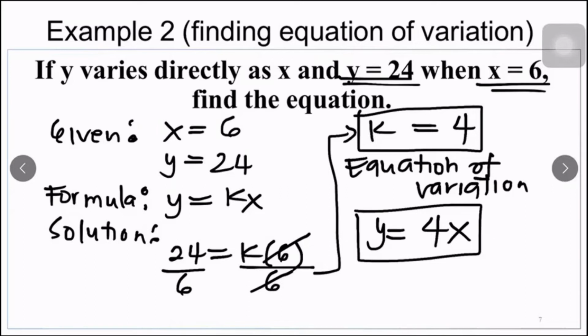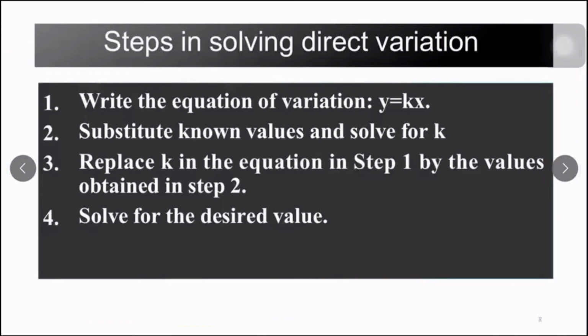Now, since we are done with identifying k and the equation of variation, let us move to the formal computation for direct variation, particularly identifying the unknown. In solving direct variation, we have some steps that we need to follow.